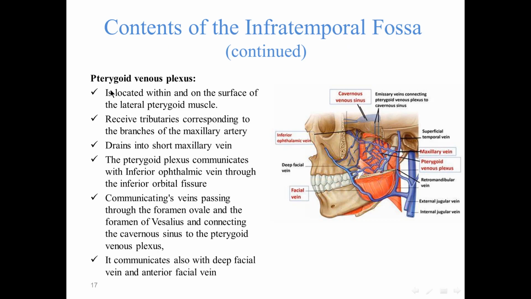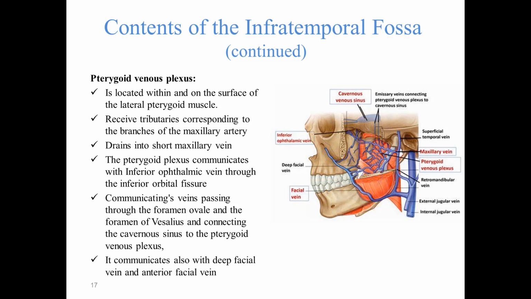Another content in the infratemporal fossa is a venous plexus, the pterygoid venous plexus. It is found partly between the temporalis and the two pterygoid muscles.